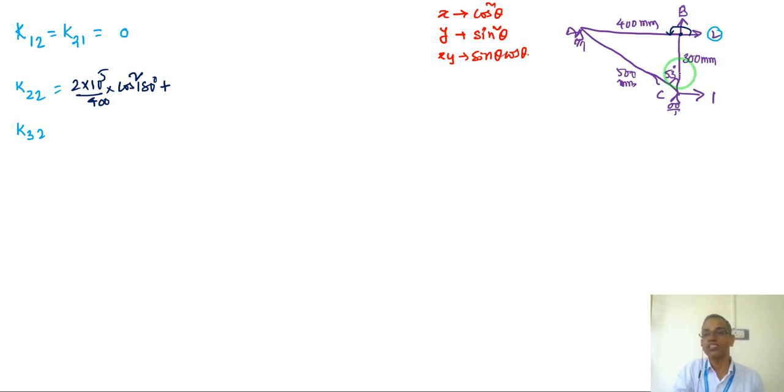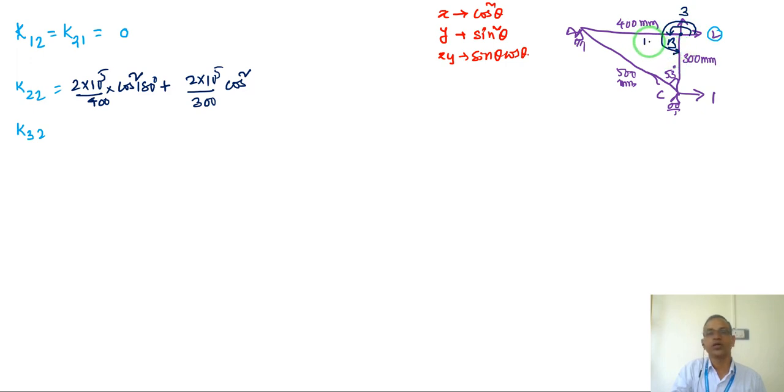Now we also have a BC member joining at joint B. Sorry, this is joint B, and this is coordinate 3. So 2 into 10 power of 5 by length of this member BC, which is 300, into the same cos square. What is the angle of this member? Now I have to read from the positive x-axis till this angle.